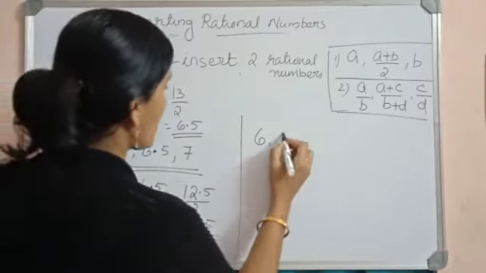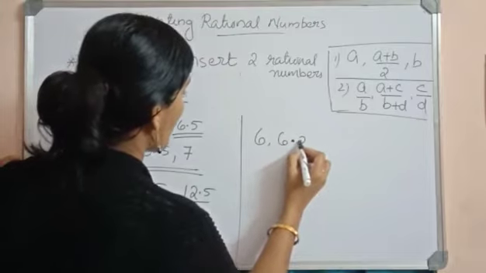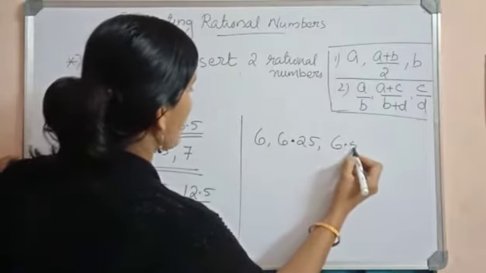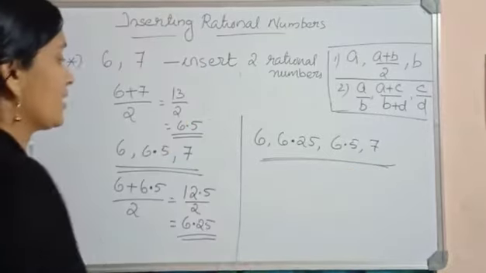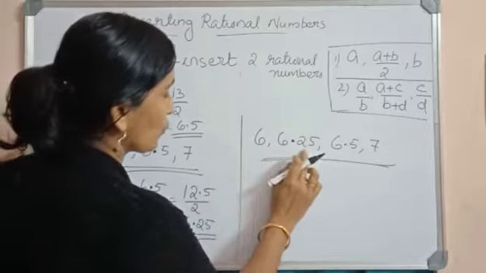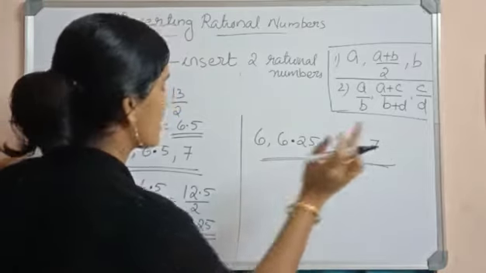So 6, 6.25, 6.5, 7. So the numbers we are obtaining are 6, 6.25, 6.5 and 7.